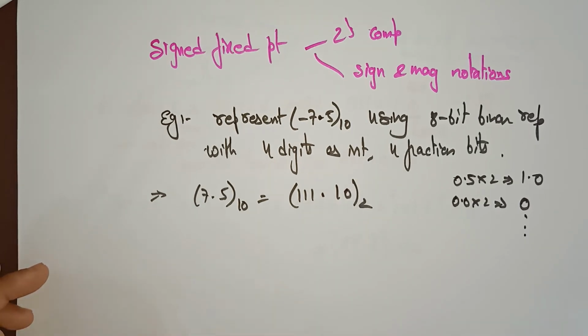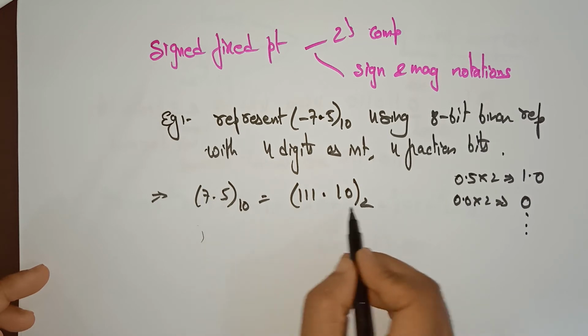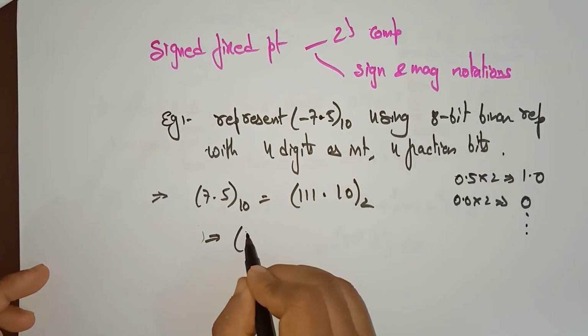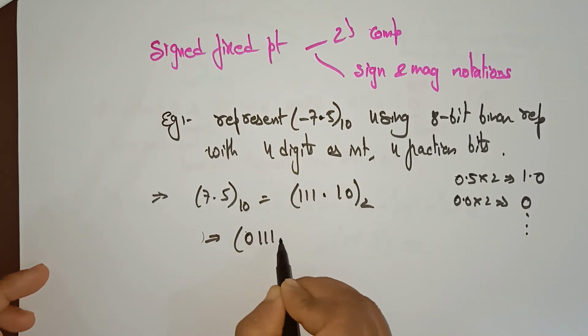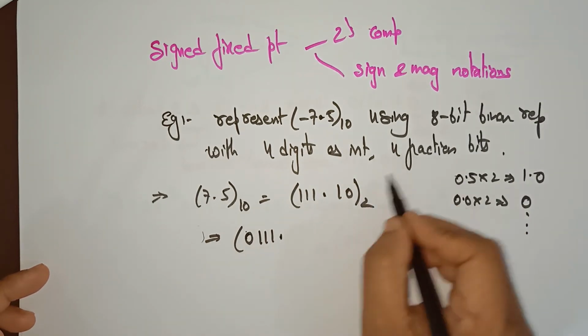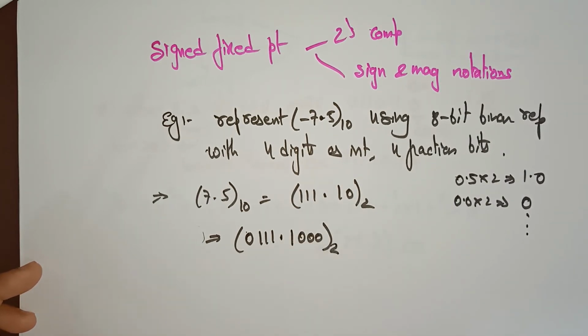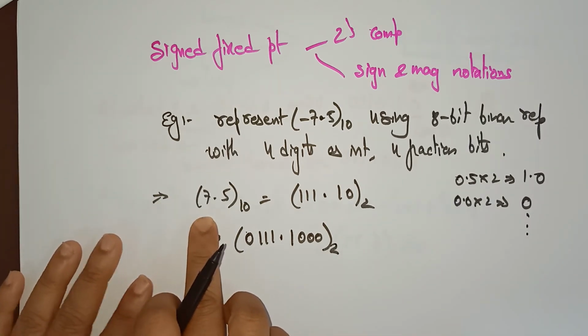But we have to represent it in 8 bits, so 4 bits are the integer, so keep 0, 1, 1, 1. This is the 4-bit integer, and the 4 fraction bits are 1, 0, 0, 0. So in total 8 bits. So I have converted 7.5 to the base 10, a decimal number, to a binary number.